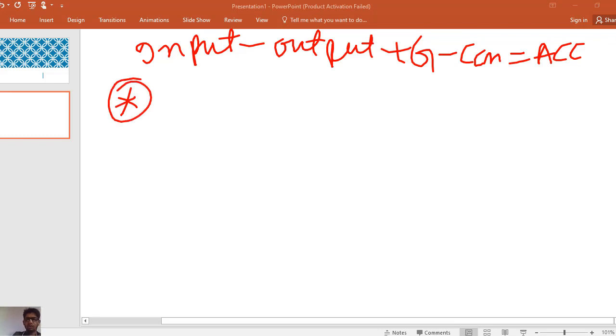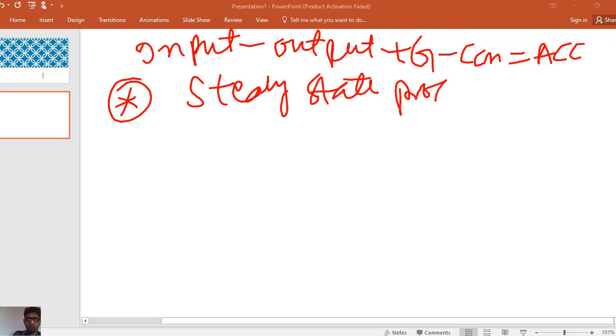The component A is transferring to the liquid, but this is a steady state process, so the accumulation term is 0.